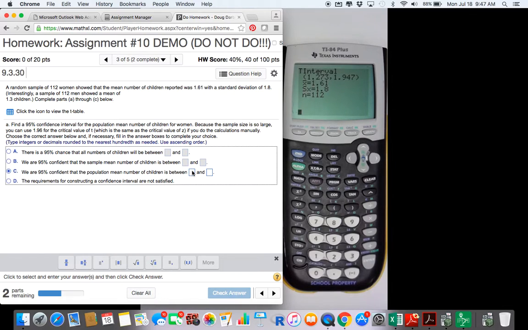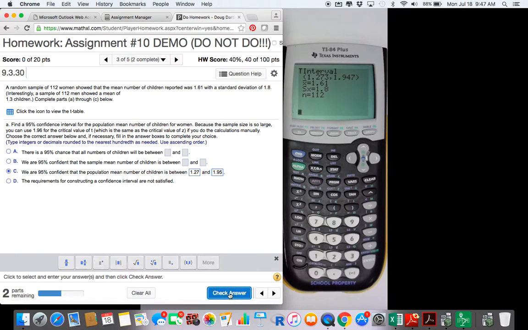We're estimating the population mean, and there's a 0.95 probability, or we are 95% confident that the value we're estimating is between those two values. So 1.27 up to 1.95.